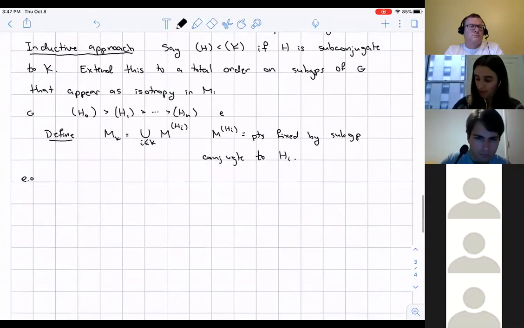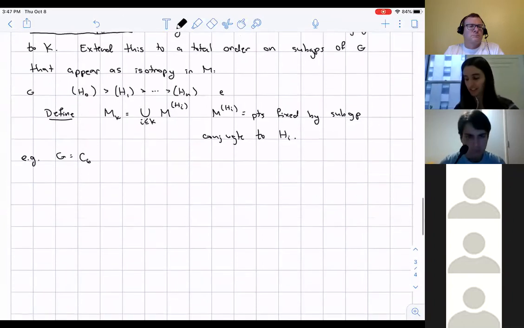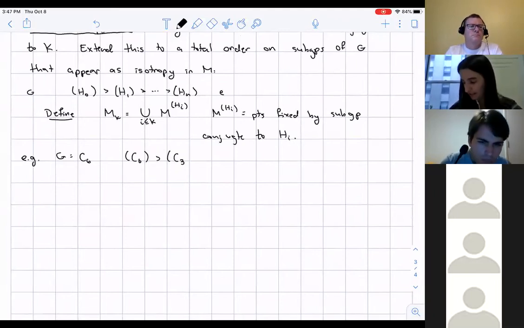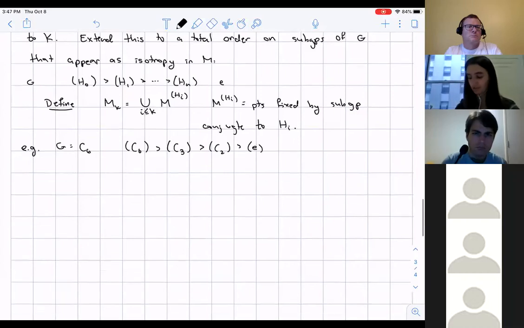So for example, if your group is C6, the cyclic group of order 6, then you would have C6, which contains C3, which doesn't contain C2, but we're extending the order. So we can pick which one of C2 and C3 is bigger in our world, which contains the trivial group.